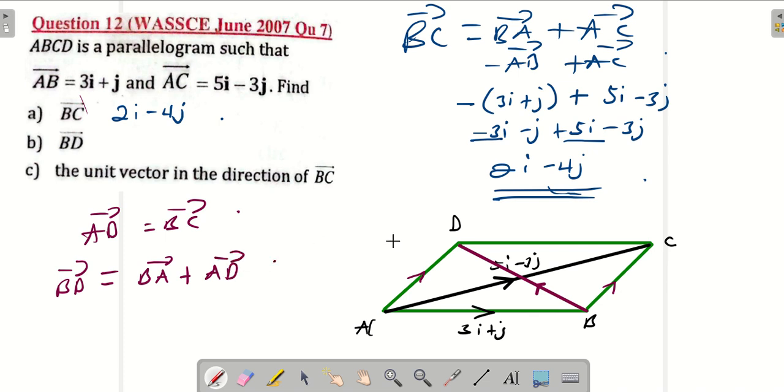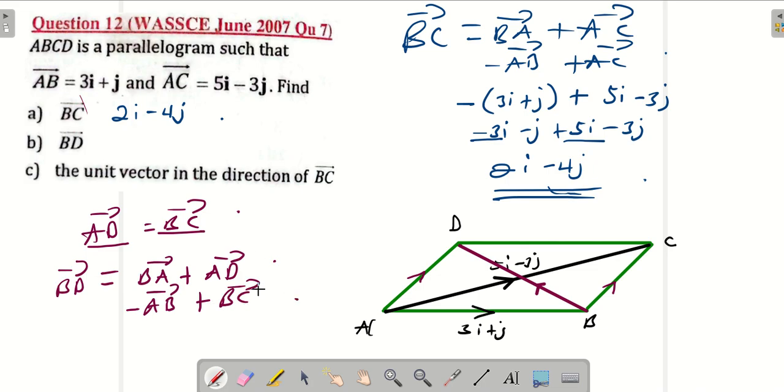Is that right? Good. But do we know BA? Did we solve for BA? Okay, we know AB. Right. So we can say that BA is the same as negative AB. Then plus AD. But we know that AD is the same as what? BC. So plus BC. Are we okay?